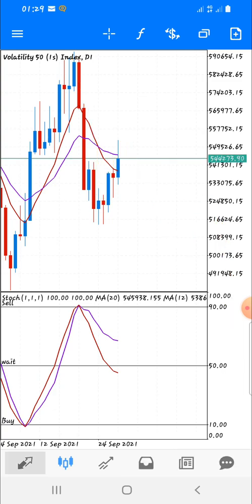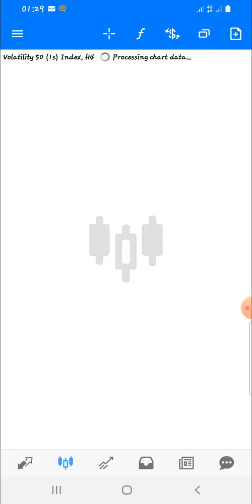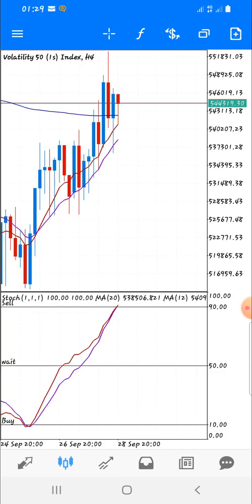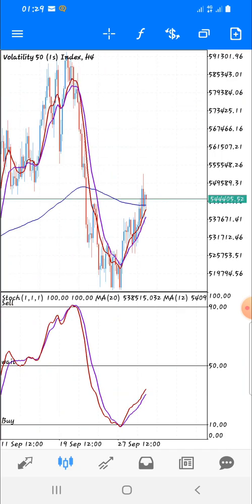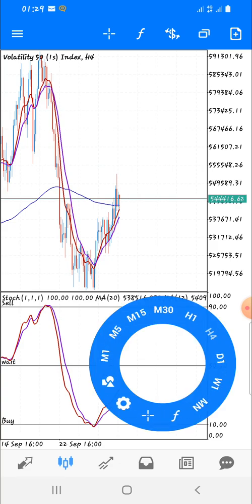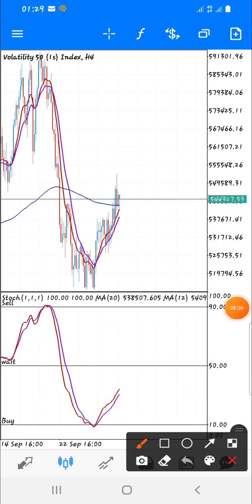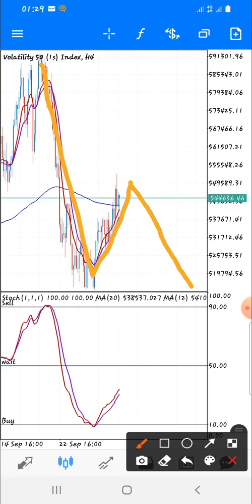If we go to the 4-hour time frame, you see what we saw on the daily time frame is still applicable in the 4-hour time frame, because here is the impulse, here is the corrective wave. Now we are expecting another impulse, which is a downtrend. Later there will be a corrective, and so forth.